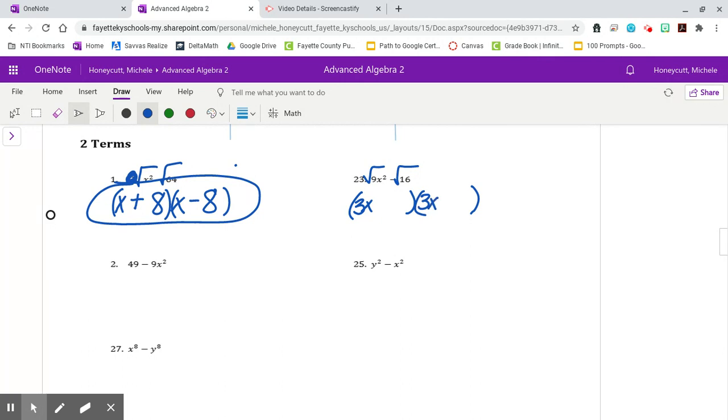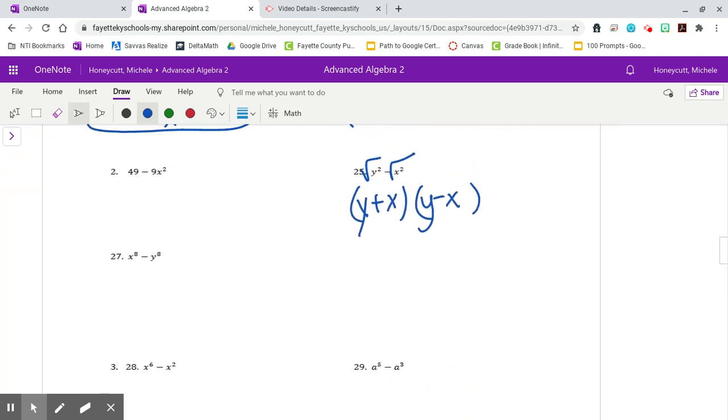And the square root of 16 is 4. So I'll make 1 plus, 1 minus. Difference of squares. If you have 2 variables, just as easy. Set up 2 sets of parentheses. The square root of x squared is x. Make 1 a plus and 1 a minus.